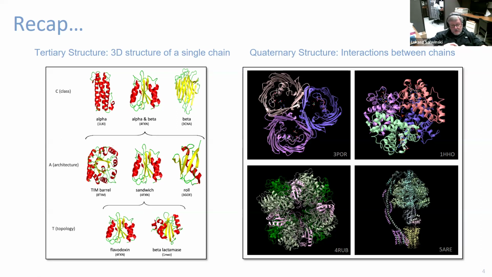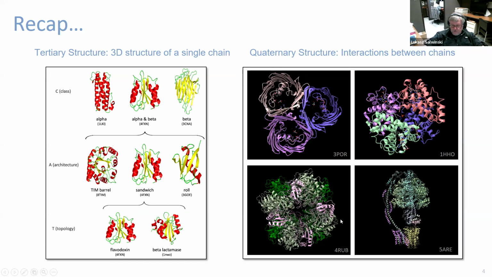When we take a step further away, you'll see that protein chains can form complexes. This is the so-called quaternary structure. We can have different arrangements of individual protein molecules. Here we've got a dimer of identical chains. Here, in case of hemoglobin, we've got a tetramer with two chains of one type and two chains of the other type.